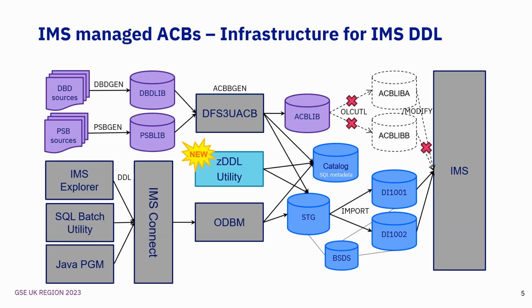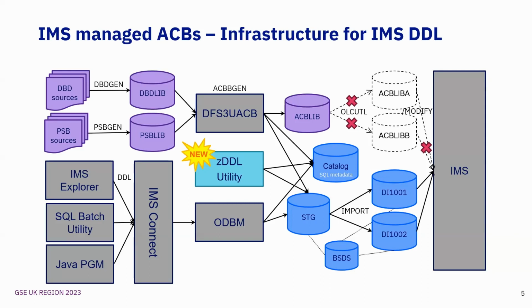In DB2, you have a BSDS also. The BSDS in DB2 keeps track of DB2 logs. Here, the BSDS keeps track of IMS directory data sets. And then you also have a catalog, an IMS catalog that contains sort of the same information that you have in the directory data set, only it's in a different format.